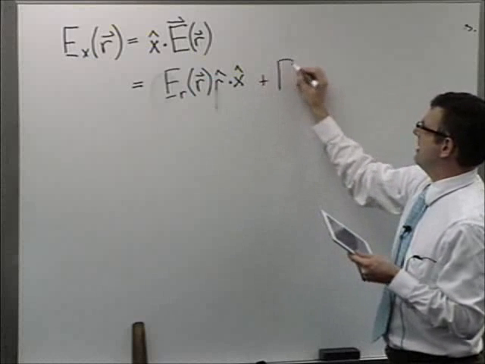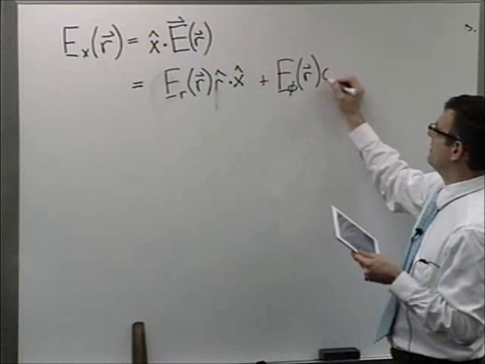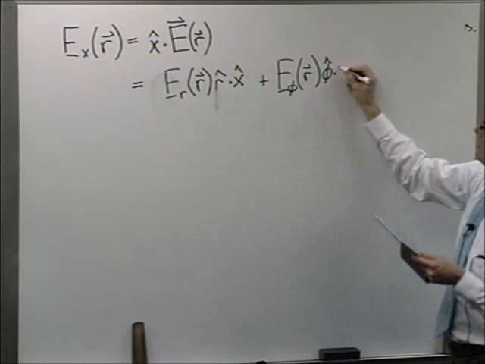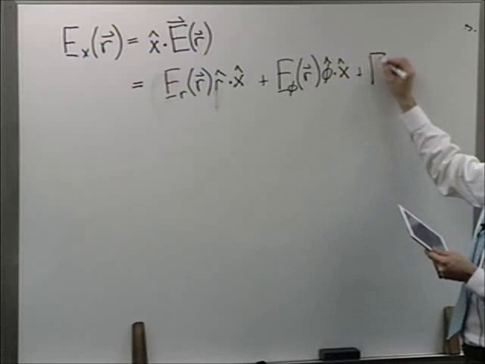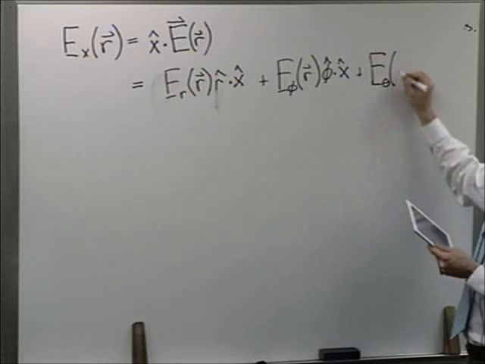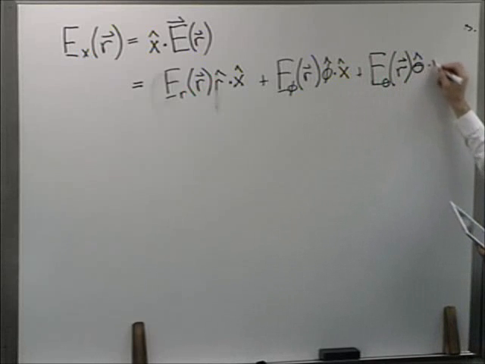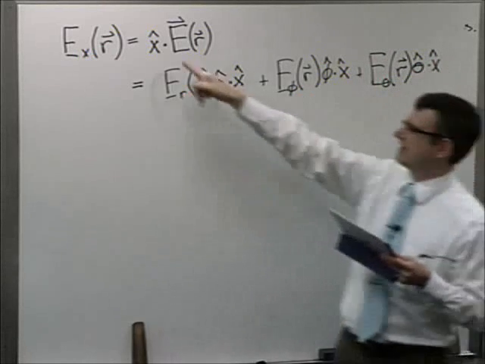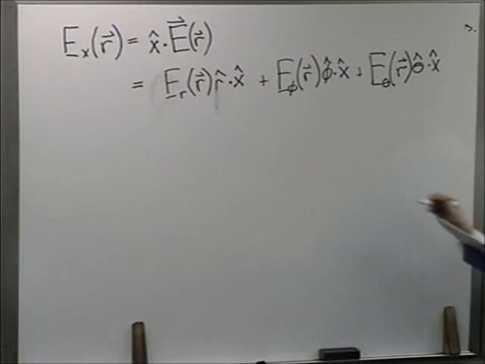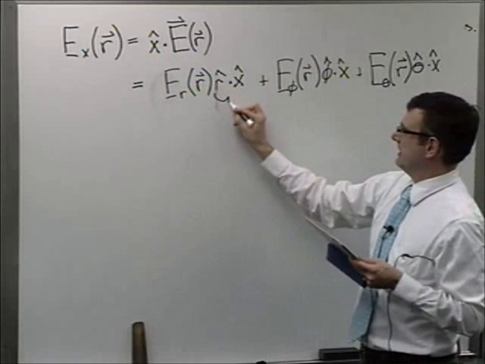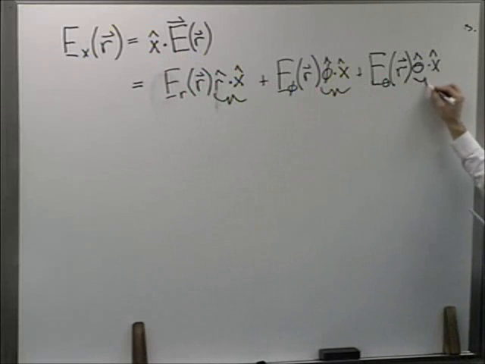And then I have my phi component as a function of three-dimensional space, and I'm going to dot that with my x hat. And I have my theta component, and I'm going to dot that with my x hat. So all I'm doing here is just distributing this x hat, because I'm pulling the x component out of it. And this is where I go and I look at my dot product tables and just replace all of these with the expressions in that table.